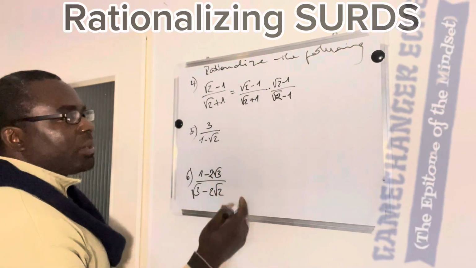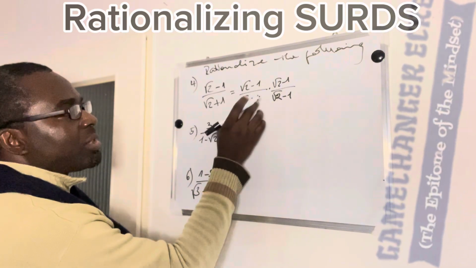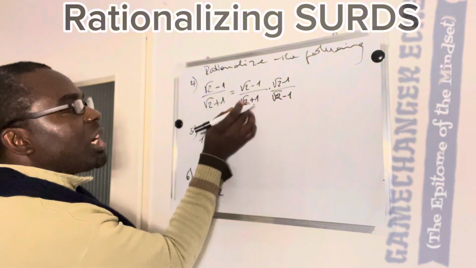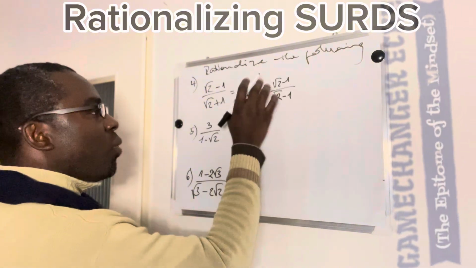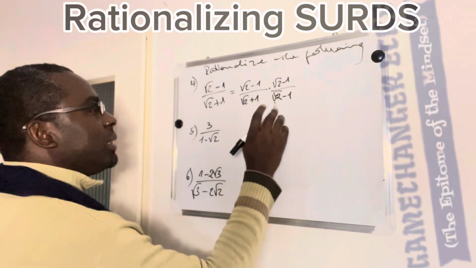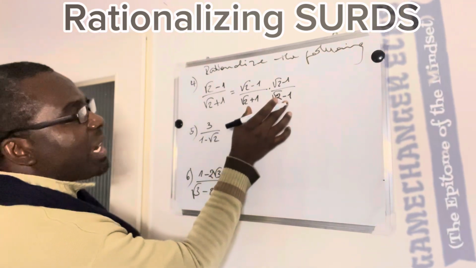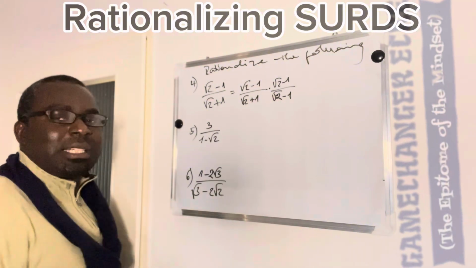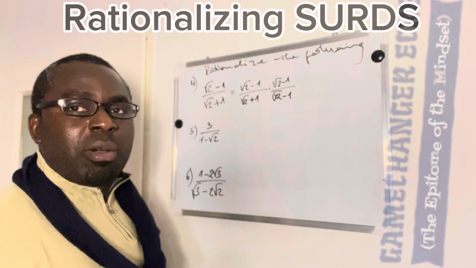So in order for us to do it this way, you have to change this sign here, and then multiply this quantity by the root of 2 minus the root of 1 divided by the root of 2 minus the root of 1, in such a way that when you expand this, you are going to get a whole number at the bottom.